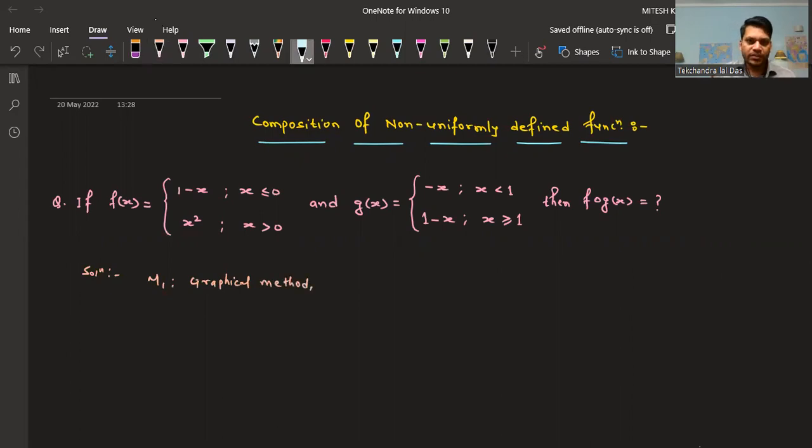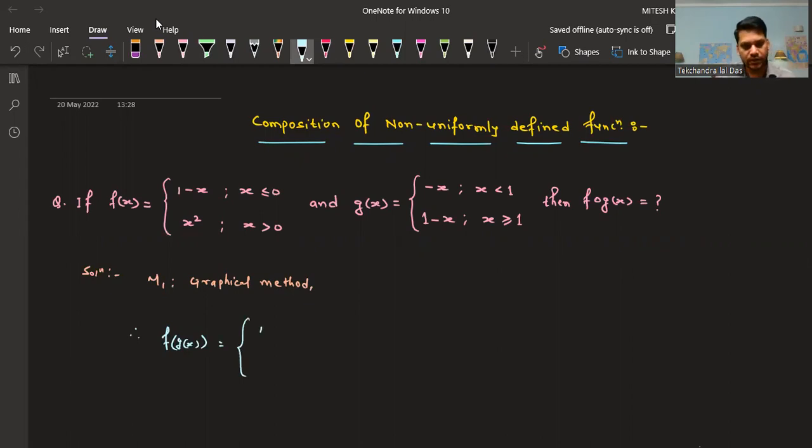In this method, the first step is to write down f of g(x). Writing f of g(x) means we have to put g(x) in the place of x in the f function.